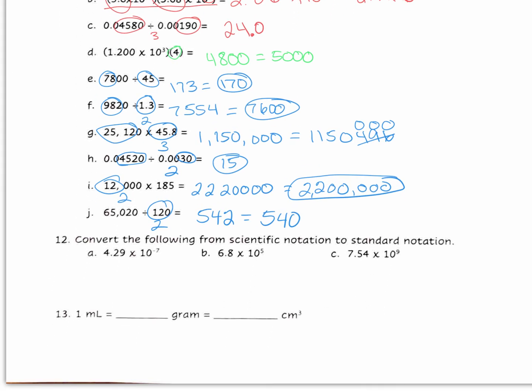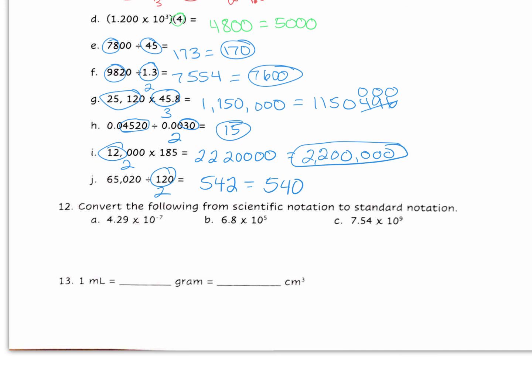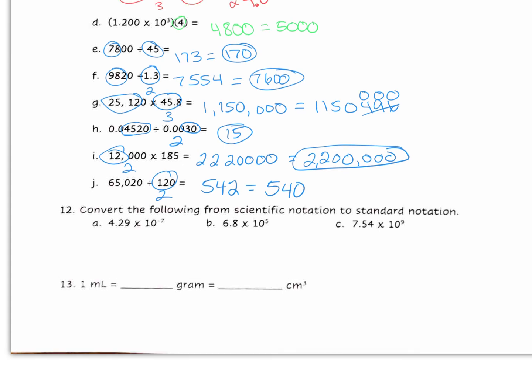All right. The next one, we want to convert from scientific notation to standard. So here's what I want you to try to do. I want you to put your calculator into scientific mode. No, actually, keep it in the FLO mode. So we're going to do FLO. And I want you to enter this as it is, 4.29.